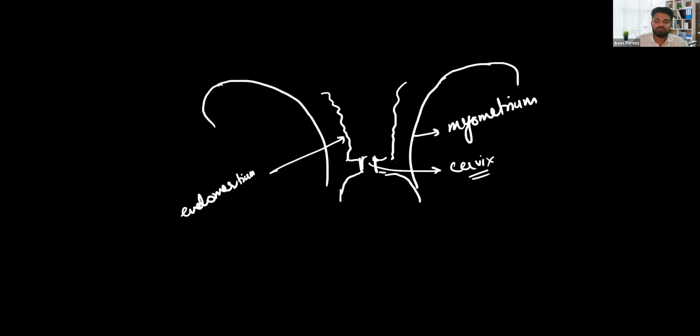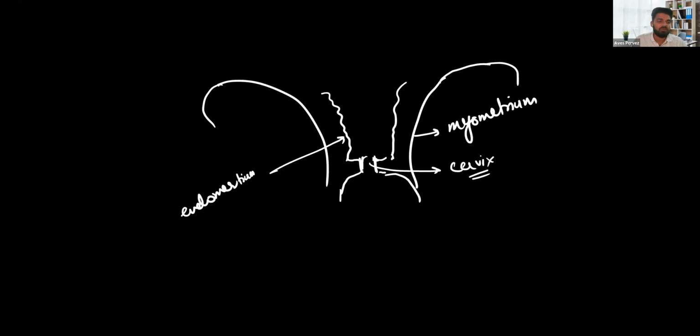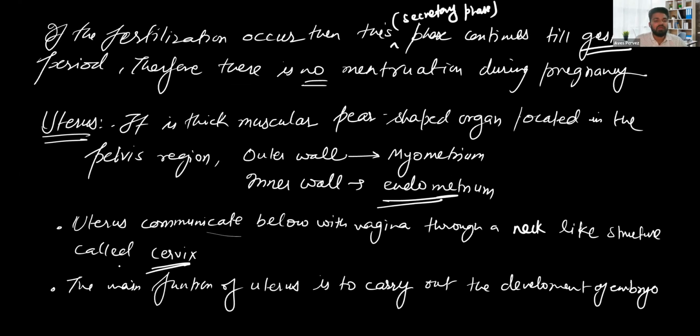So that was written there in the notes. The main function of the uterus is to carry out the development of the embryo. So please note it down.